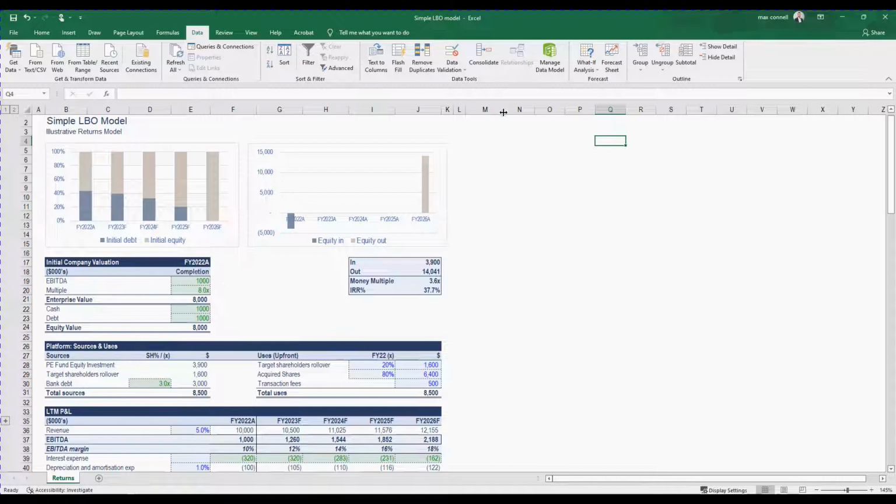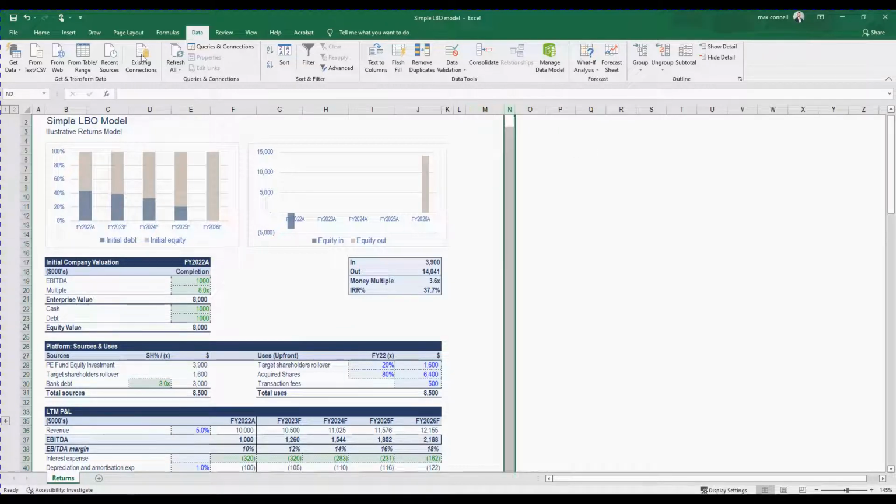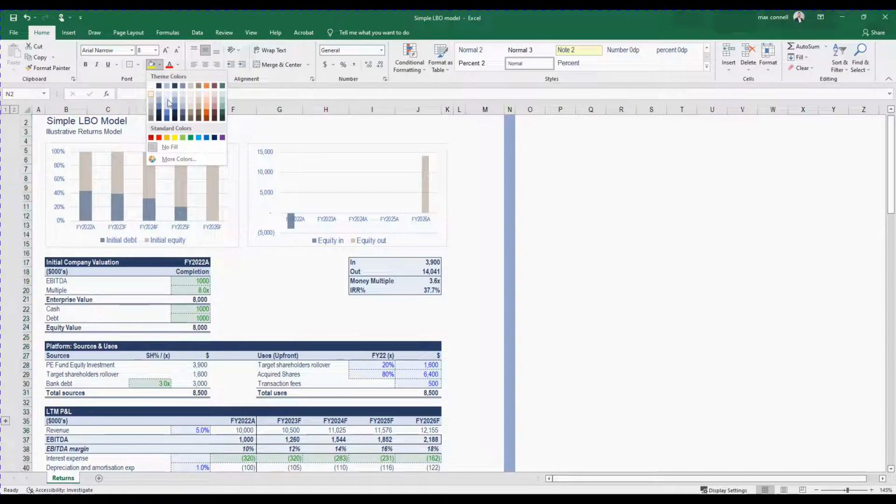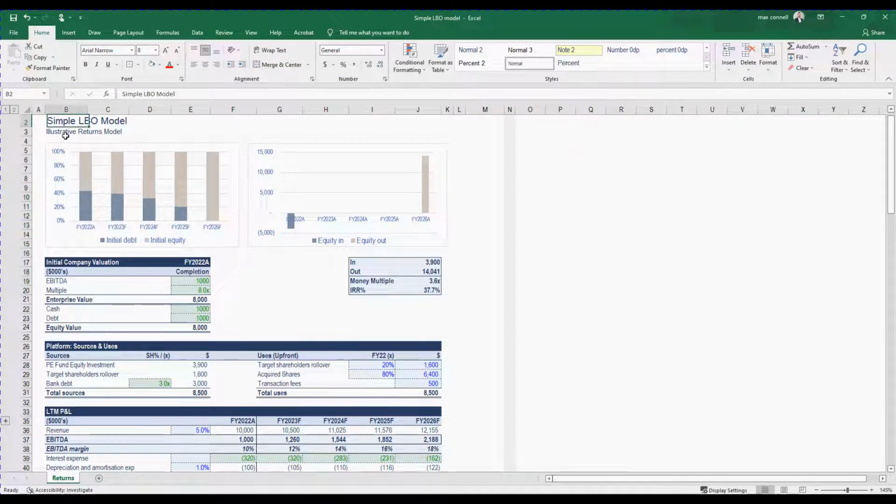So let's start preparing this on the right hand side of our model. I'm just going to separate this with a gray bar. We can do a table where we actually just type out each of the acquisition multiples.